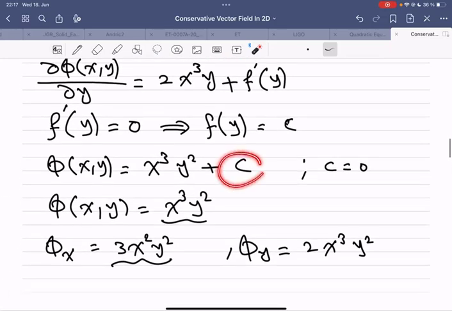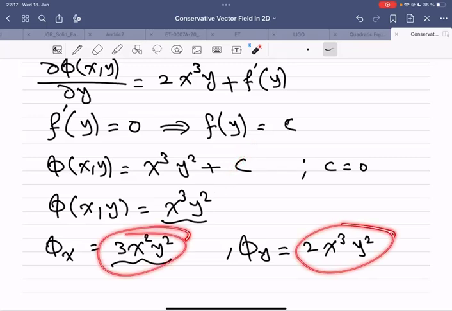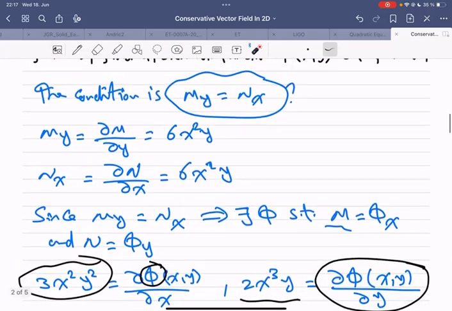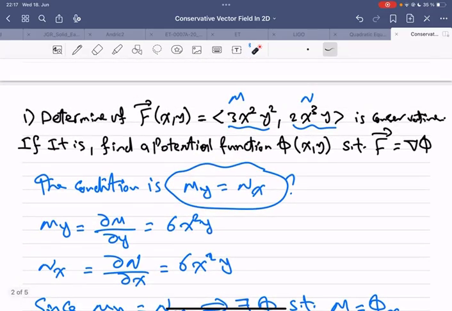If you put c any number, this will not affect this solution, because when you differentiate according to x, this will be 0, because it's constant, and when you differentiate according to y it will be 0 too, so you will get this and this too. So this is how to check if a vector field is conservative, and if it's conservative, how to find its potential.